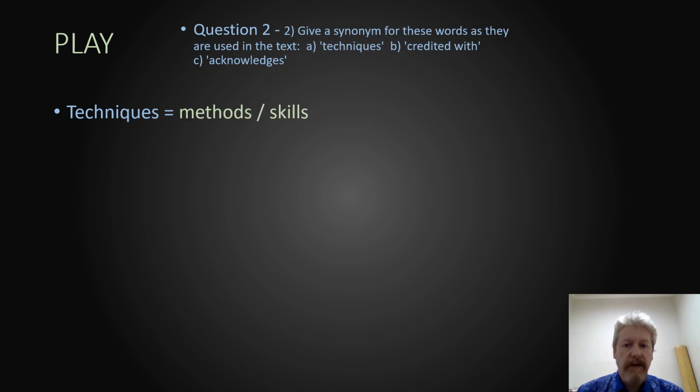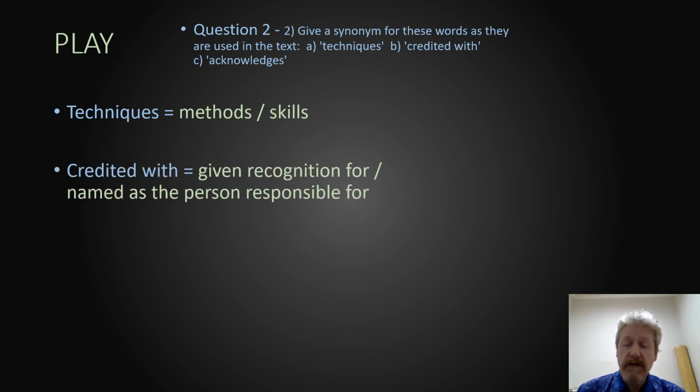question 2, where you just have to give a synonym as they're used. So techniques, it's really talking about his methods, or it could also be looking at his skills, the skills he has at doing this. So it doesn't have to be exactly these words, but so long as your synonym has very close to these meanings, then you'll probably get a point. The next one was he's credited with.